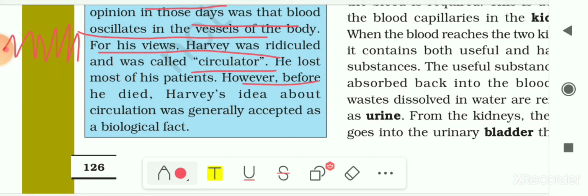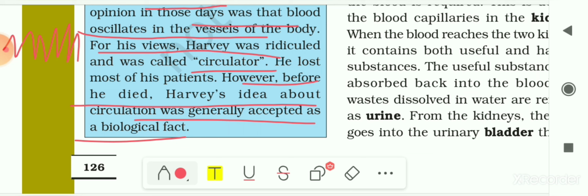However, before he died, Harvey's idea about the circulation of blood was generally accepted as a biological fact, as we now know how blood circulates in our body.